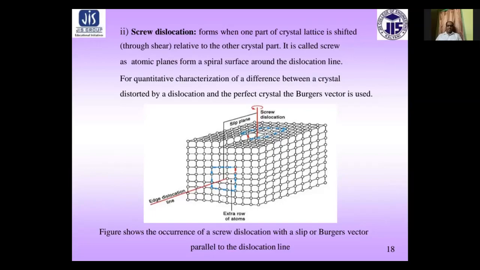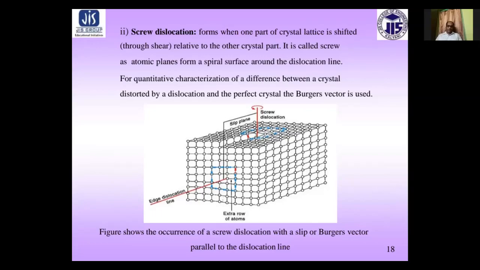In general, dislocations are more complicated. However, they can be resolved to obtain their edge and screw components. Dislocations come into the material during solidification or by mechanical processing of metal.